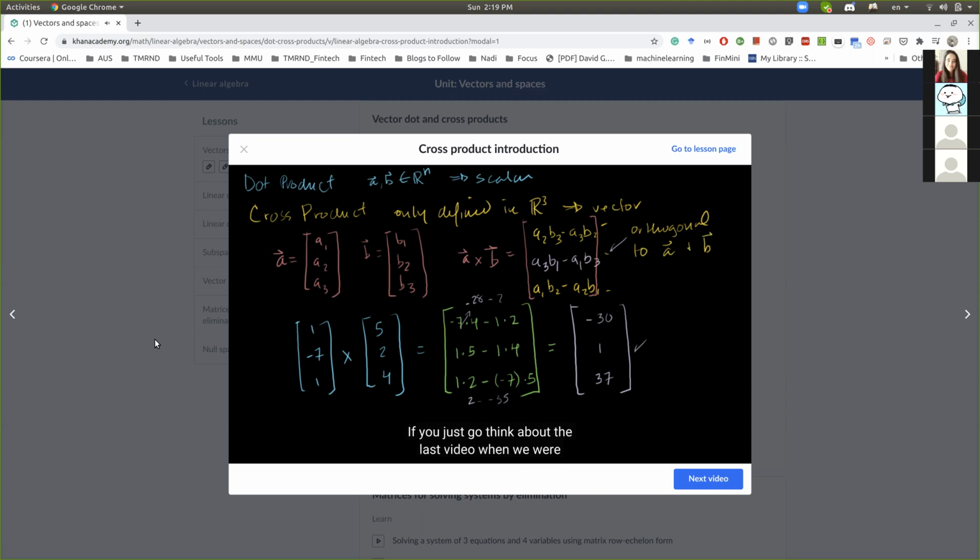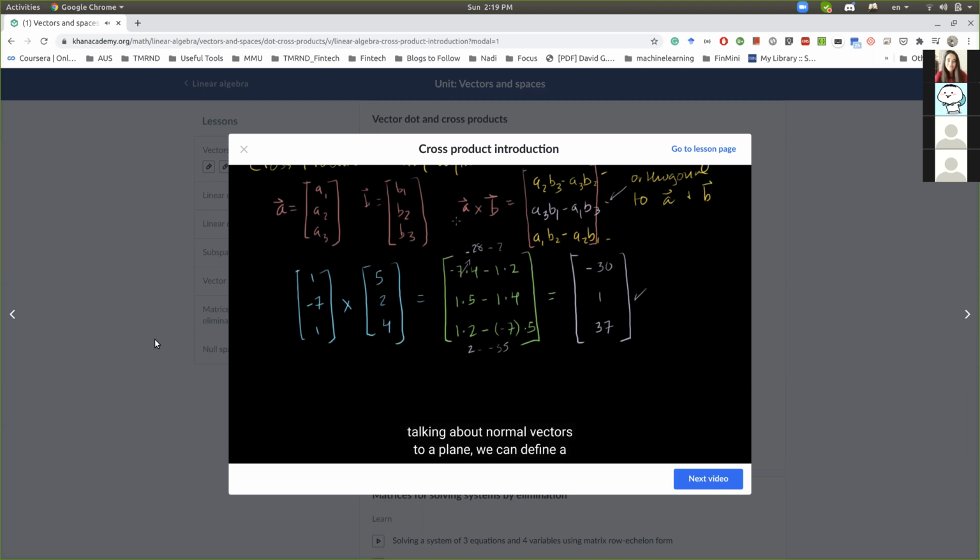If you think about the last video, when we were talking about normal vectors to a plane, we can define a plane by two vectors. Let's say I have vector A right there, and then vector B like this. Those define a plane in R3, right?